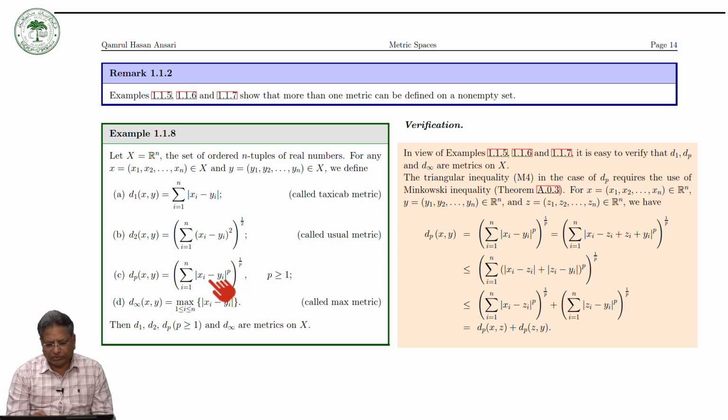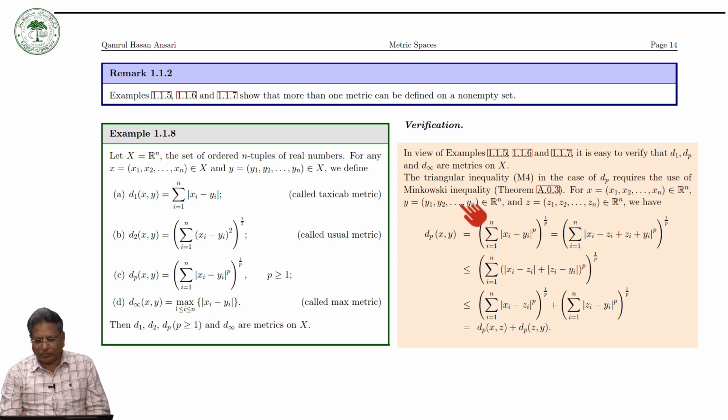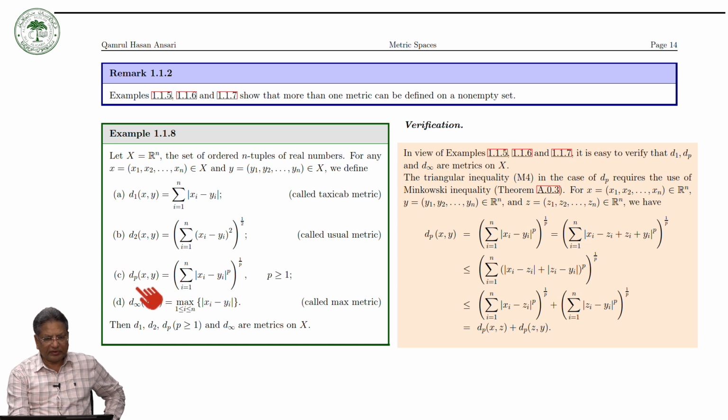Suppose x, y, z are any three elements in Rn whose coordinates are x1, x2, up to xn, y1, y2, up to yn, and z1, z2, up to zn. Then to verify the fourth property, M4, the triangle inequality, we take dp(x, y), which is given by the definition of dp.